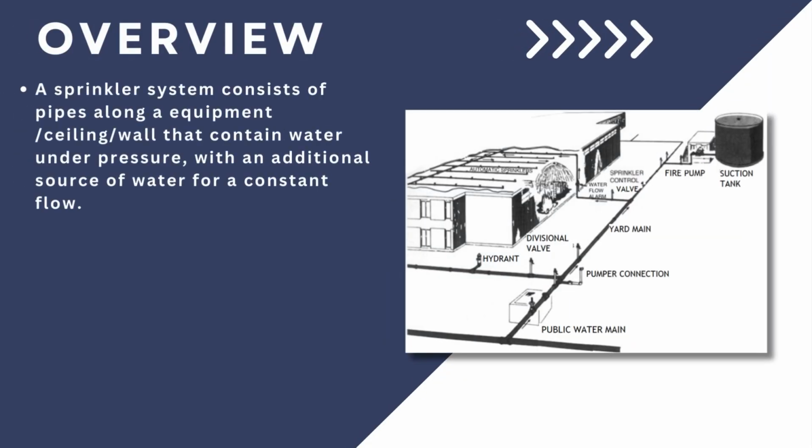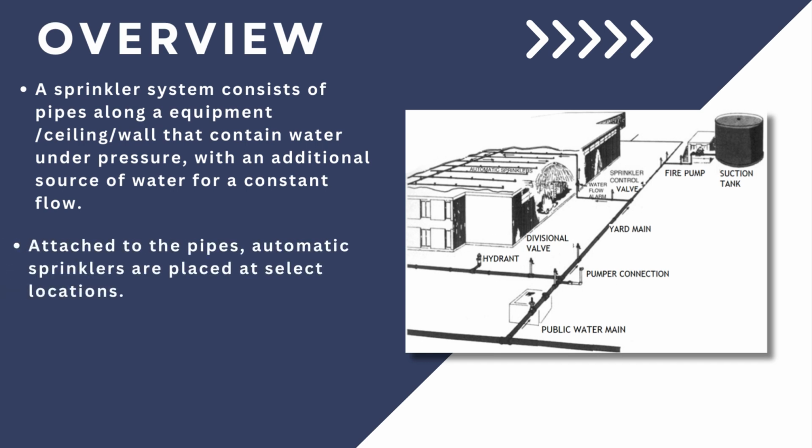A sprinkler system consists of pipes along the equipment, ceiling and wall that contain water under pressure, with an additional source of water for a constant flow. Look at figure 1 on the right hand side. Attached to the pipes, automatic sprinklers are placed at selected locations.